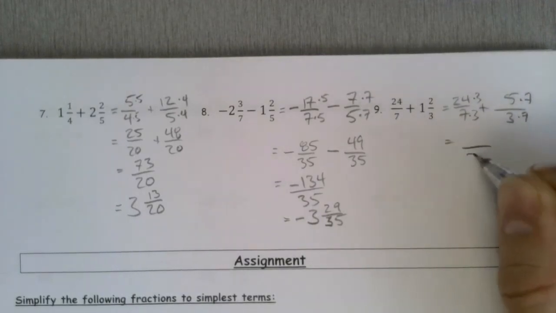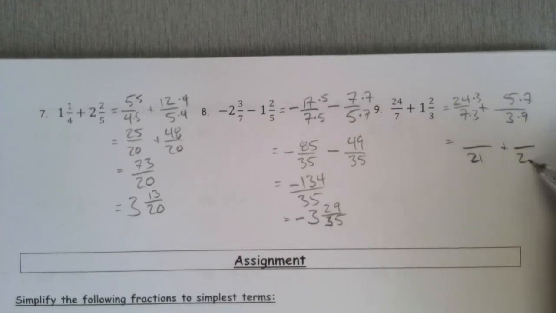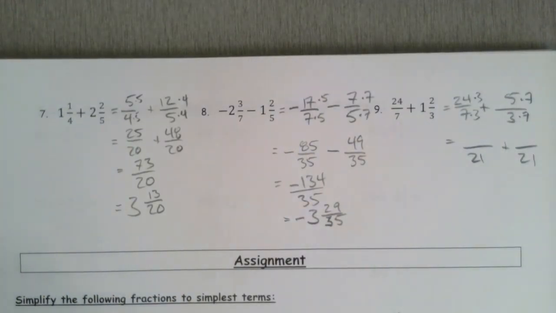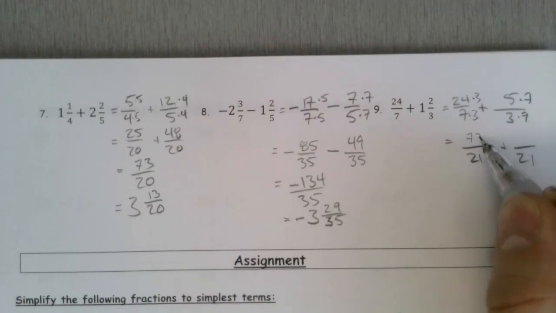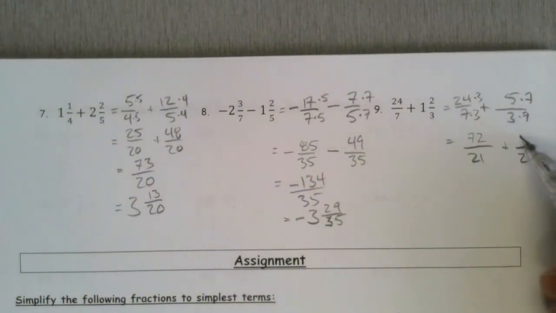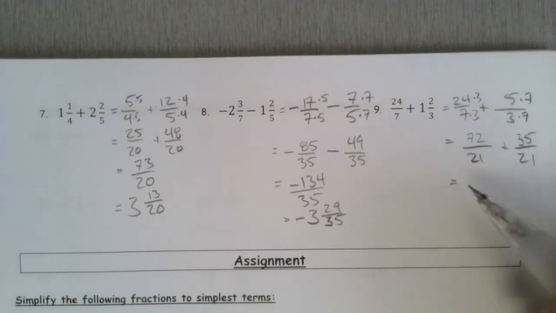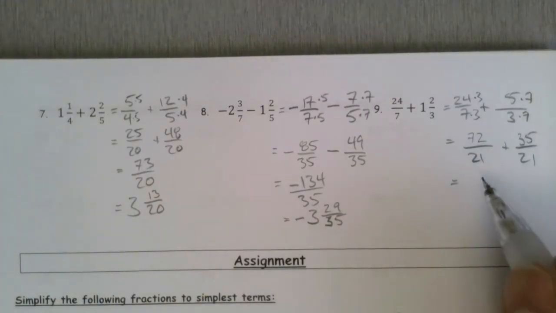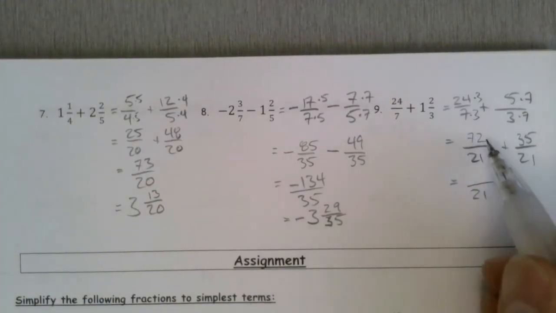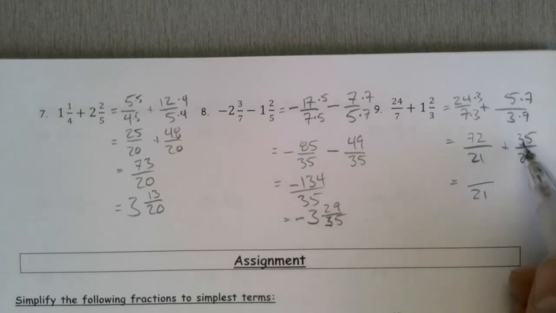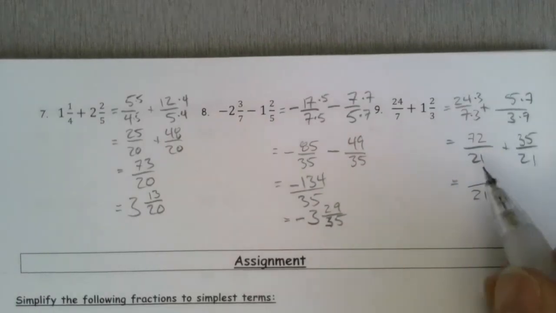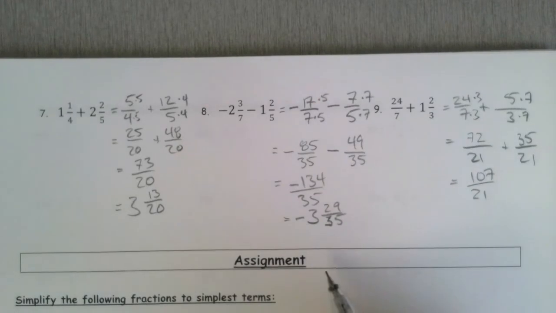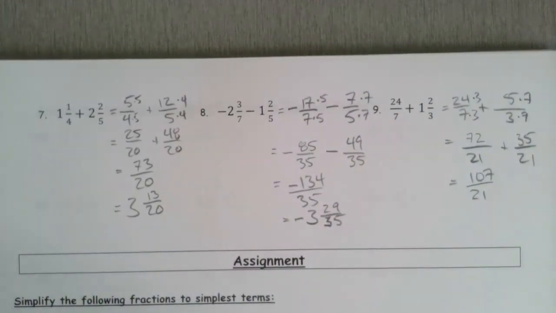So we're going to get fractions out of 21. So 24 times 3 will be 72. 5 times 7 is 35. So 72 plus 35, and remember, this is 72 21sts plus 35 21sts. That's going to be 107 21sts.